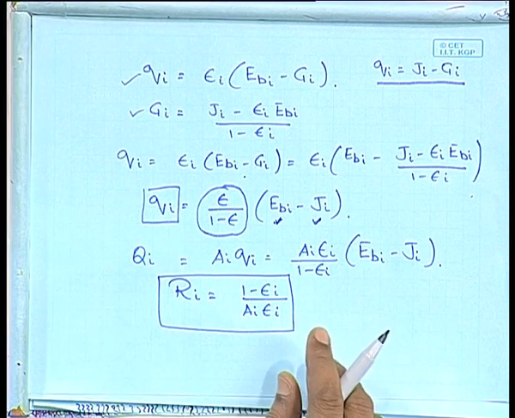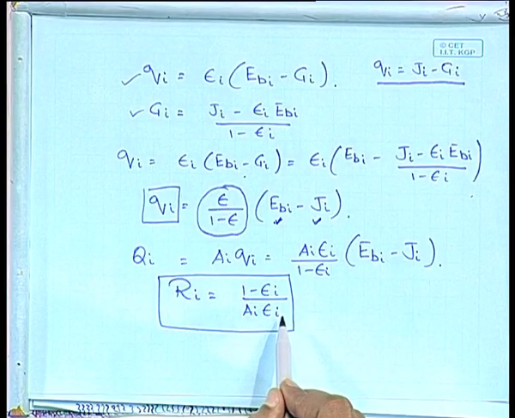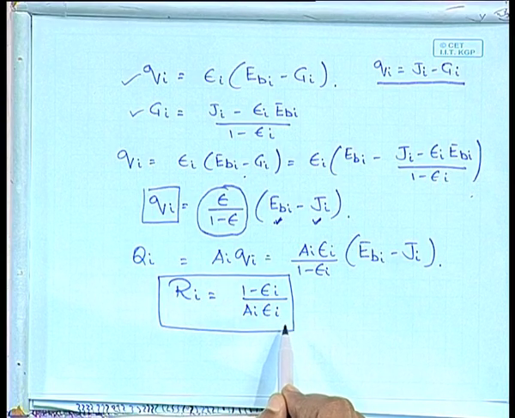When you have a real surface, for which Ji and Ebi are not equal, then for an opaque surface which is irradiated uniformly, that resistance is simply 1 minus epsilon I by Ai epsilon I. And if you think of a black body, what is going to be the value of this resistance? If it is a black body, its resistance is going to be 0.